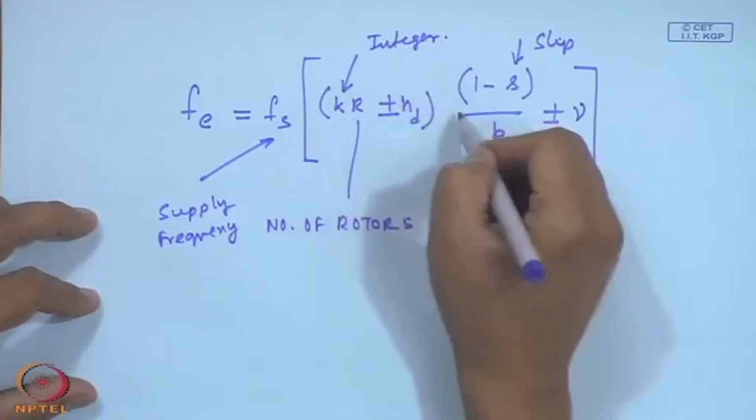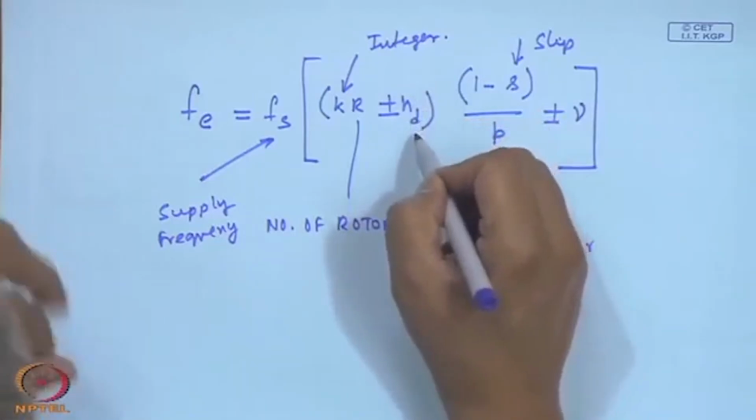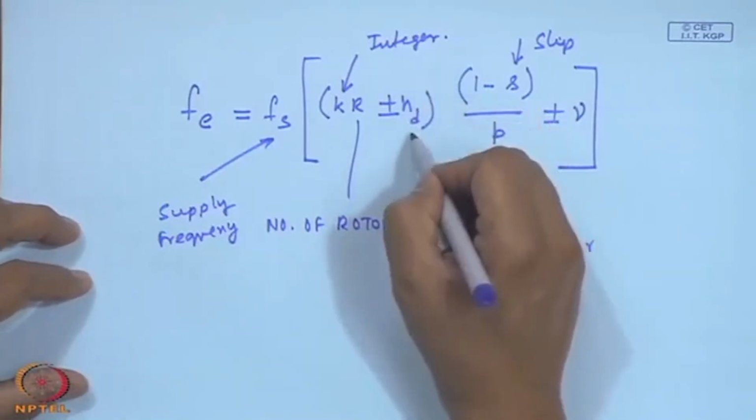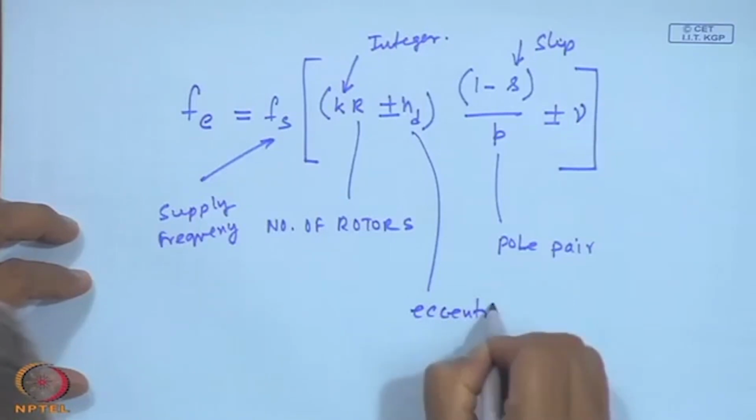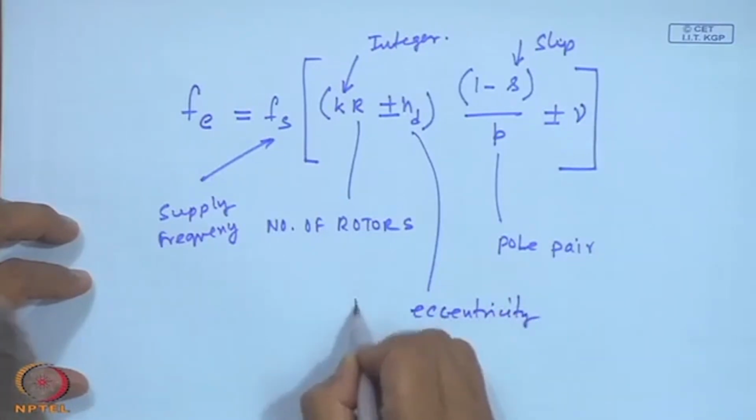This is a typical value plus minus n d for dynamic eccentricity.